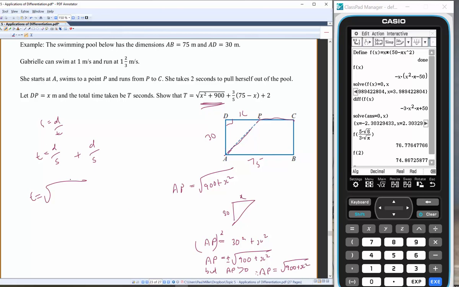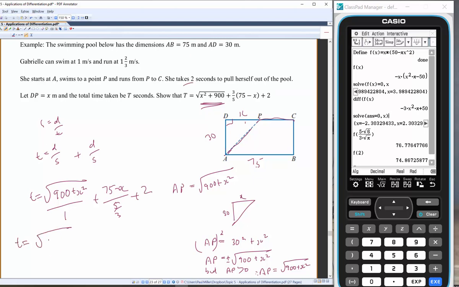So that's the distance there, root of 900 plus x squared over the speed, which was 1 meter per second, so over 1, plus this distance here, PC, which is 75 take away x, over the speed of 1 2/3, which is 5 on 3, plus it took her 2 seconds to get out of the pool.